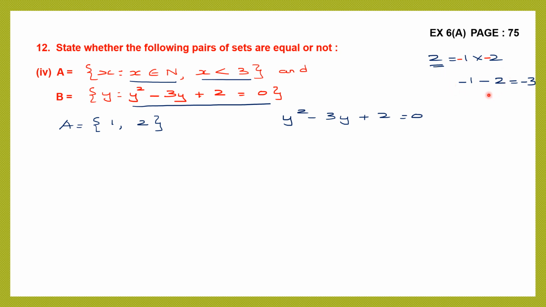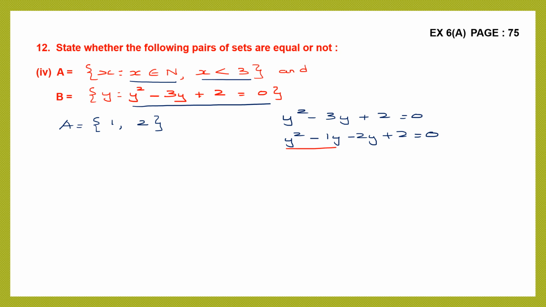So my numbers are minus 1 and minus 2, because if I multiply, I will get 2. If I add, I will get minus 3. So we are going to split minus 3y into minus 1y and minus 2y. So let's write that. So y square minus 1y minus 2y plus 2 is equal to 0.